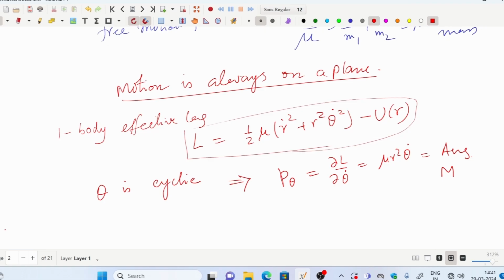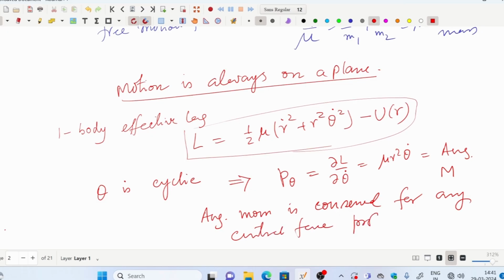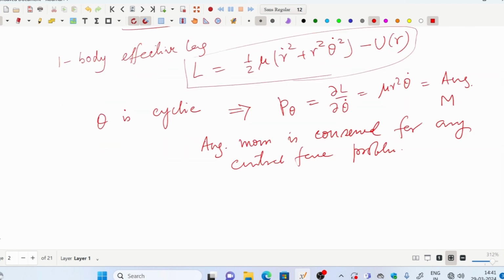So, for any central force problem, angular momentum is conserved. This was our observation, up to which we discussed in the last lecture.